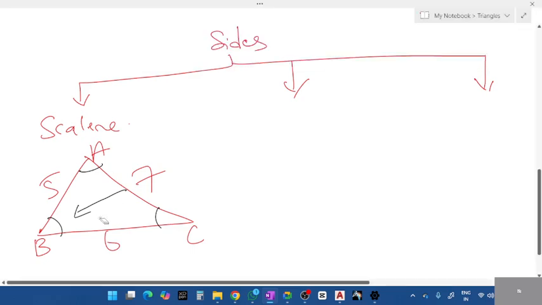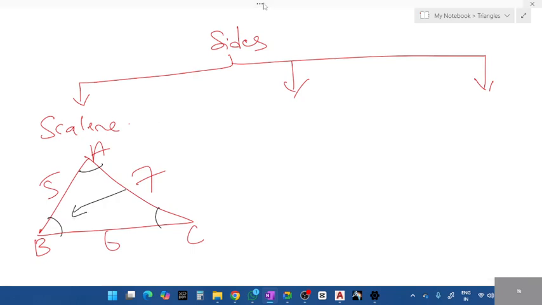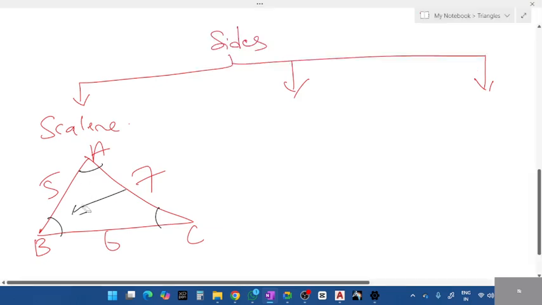Fine. In triangle ABC, earlier in the beginning, I explained a topic. Which side is greater? AC is greater. So which angle will be greater? Angle B will be greater. Yes.